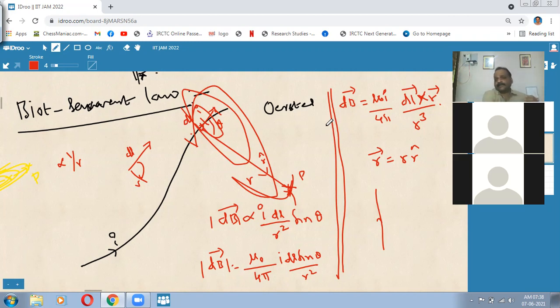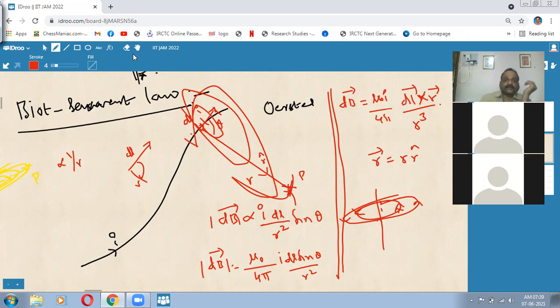Towards the right of the wire, the magnetic field goes into the board; on the left, it comes out, because we are seeing in two-dimensional way. In three dimensions, they are actually concentric circles like this.